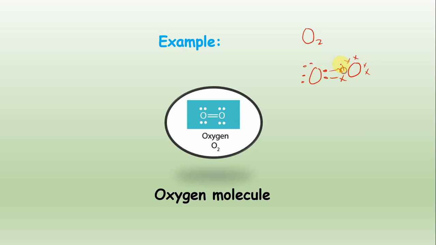Now look at here, octet completed: 1 2 3 4 5 6 7 8. The octet of this oxygen is completed by sharing the 2 electrons, and similarly the octet of this oxygen is also completed by sharing the 2 electrons: 1 2 3 4 5 6 7 8. That is the reason it is denoted by double lines in this way. O2 molecule.